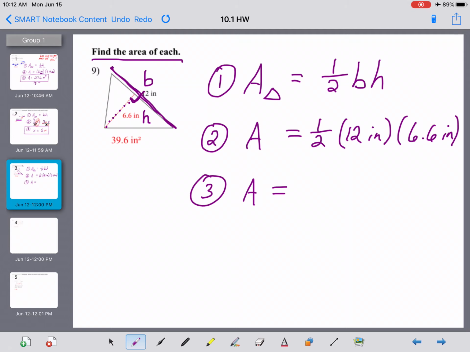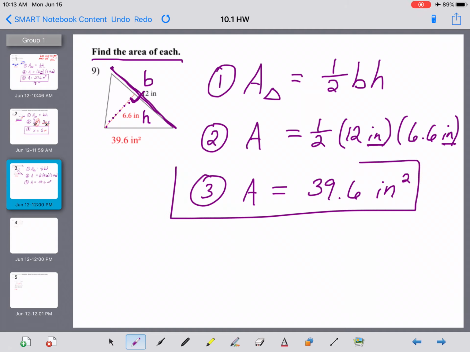So I'm typing in 0.5 times 12 times 6.6, and that's going to get us an area here of 39.6. And just like we talked about before, linear inches multiplied by linear inches is going to get you not inches squared, everybody, but square inches. So 39.6 square inches is our area in problem number 9.